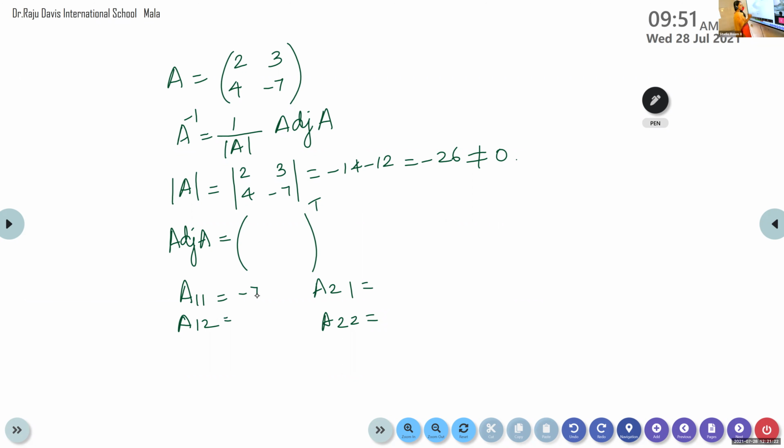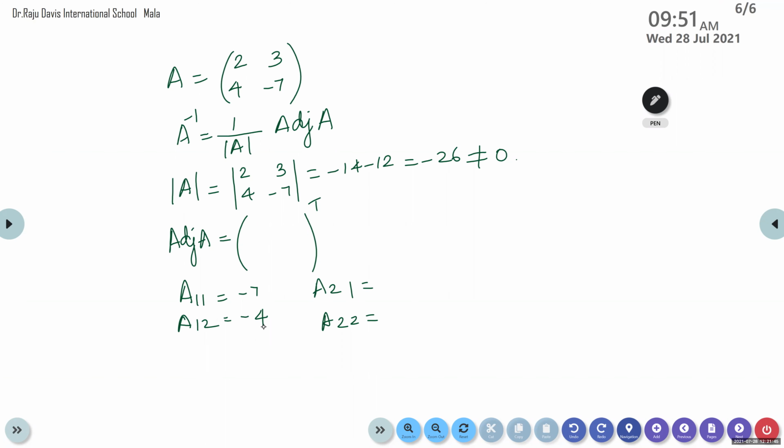It is minus 7. What is A12? For 4, look at the sign. The sign also you have to take.